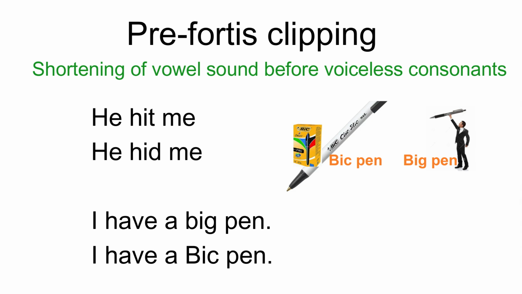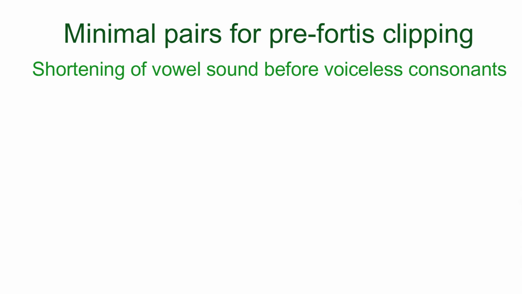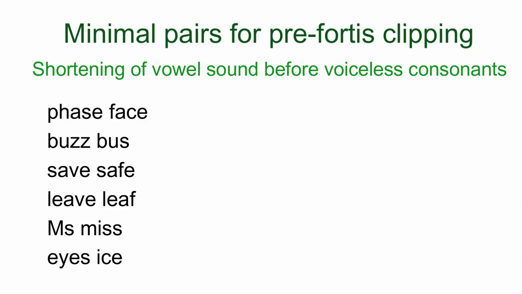The vowel sounds of hit and bick are shorter than those of hid and big due to the prefortis clipping. These are examples of minimal pairs where two words differ only in the voicing of the ending sound. One is voiced and the other is not voiced. For this reason, they differ in vowel length.